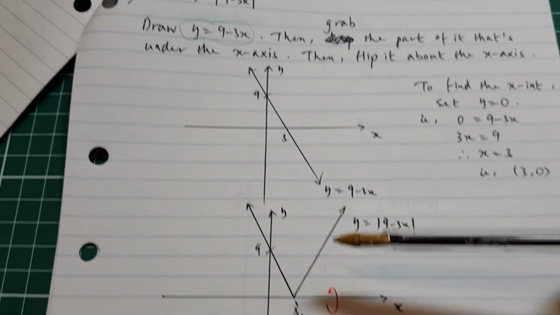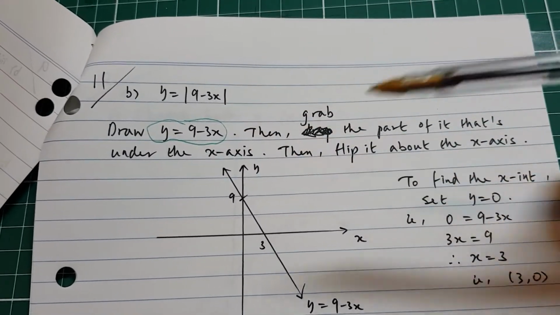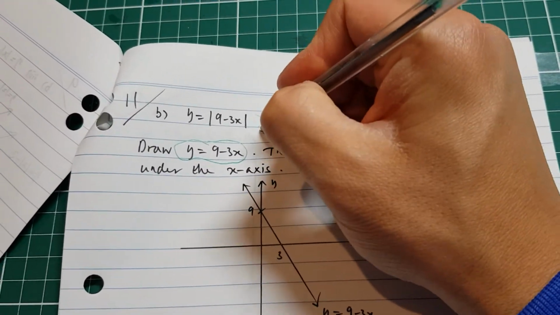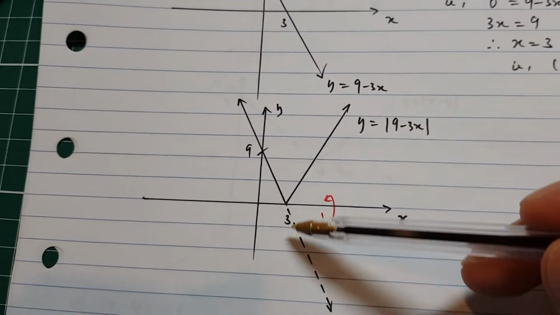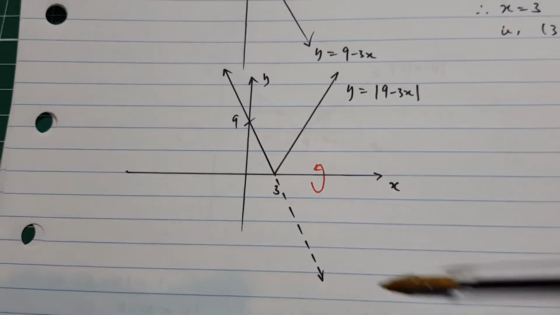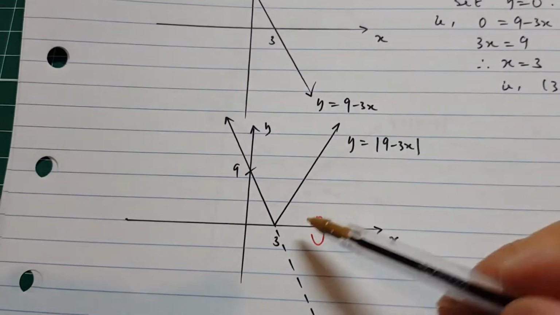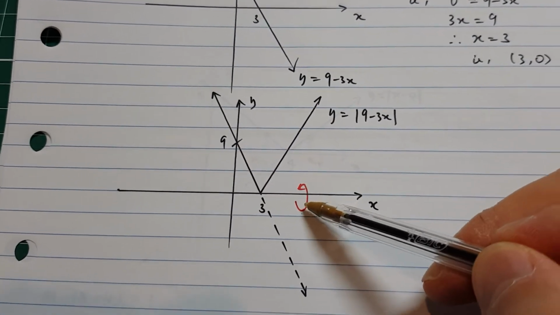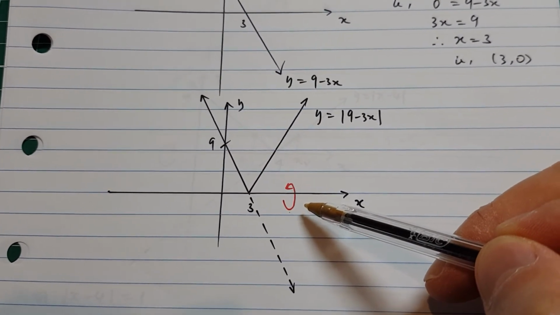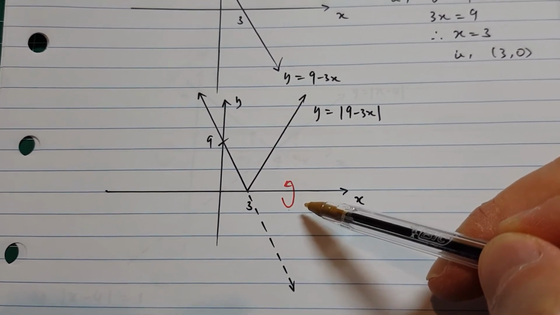And because it's the absolute value, what do you know about the absolute value? This is always greater than or equal to 0 by definition. So what that means is grab the part that is under the x-axis and flip it about the x-axis. That arrow there is what I mean by rotation about the axis.